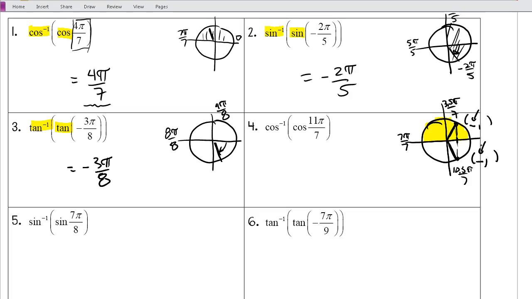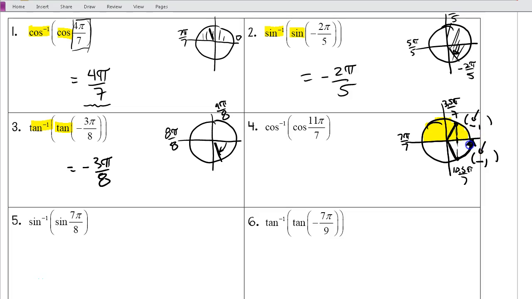We're not really too interested in what they are. We're just kind of interested in what this other angle in the first quadrant is going to be that has the same x value, because that's the one that we can find the cosine inverse of. So if this is 11 pi over 7 here, that means that we've got 3 more pi over 7s to go before we get to 2 pi.